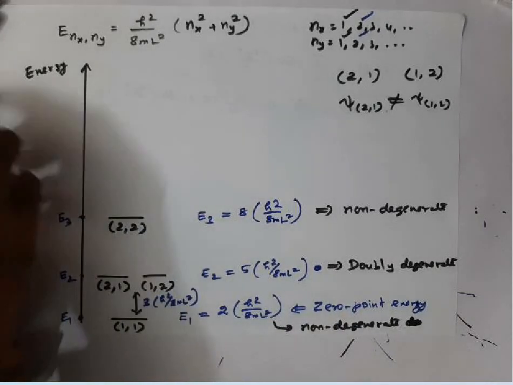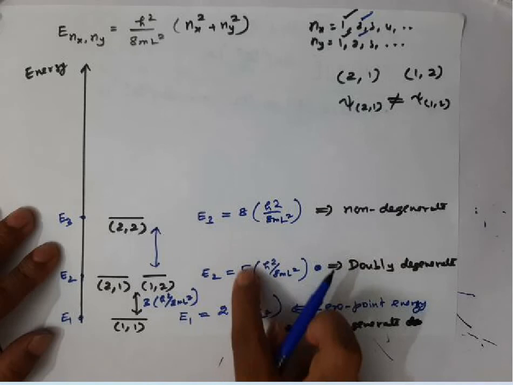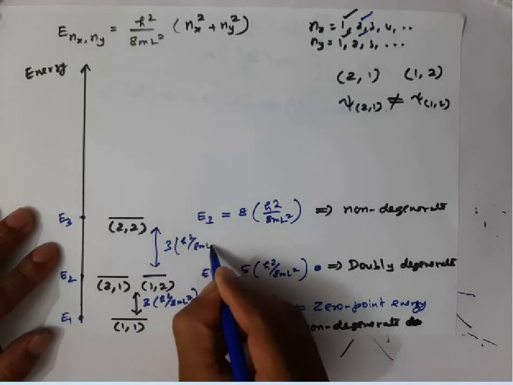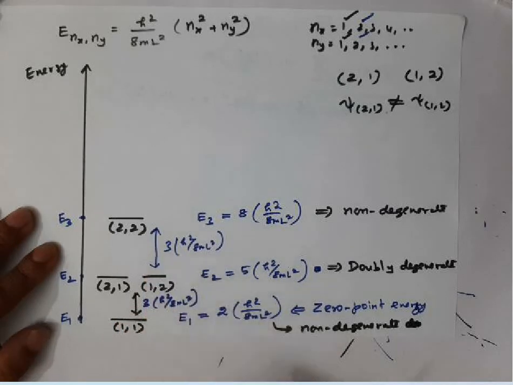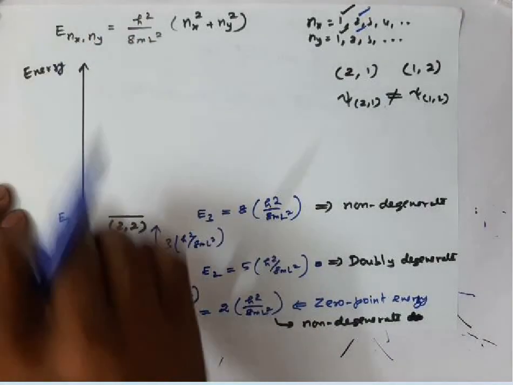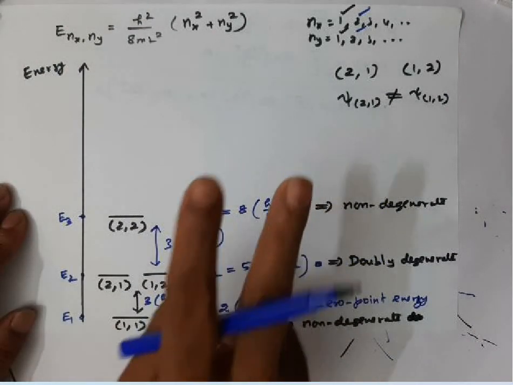And what's the gap? The gap between these two: 8 minus 5, you'll get 3 times h square by 8ml square. This gap and the previous gap are equal, but don't come to the conclusion that all energy levels are equally spaced. No, here we have 2 quantum numbers.